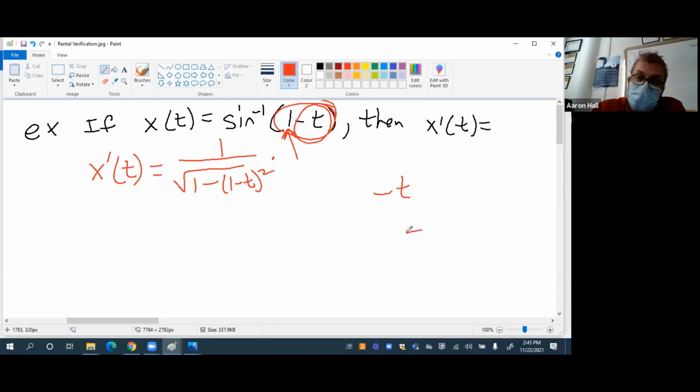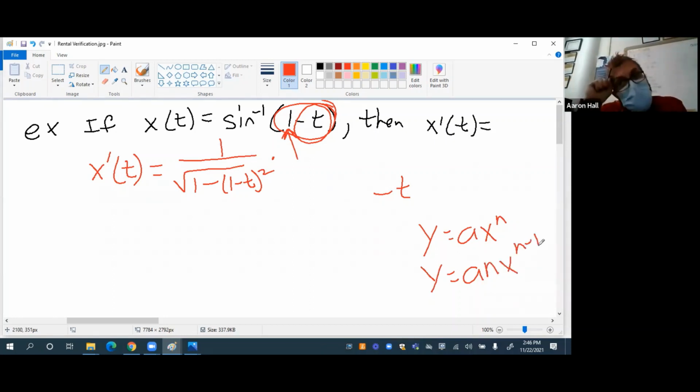Using the power rule, where we have a times x to the power of n, we multiply our coefficient by our exponent, and then we subtract 1 from our exponent. So negative t is -1 t to the power of 1, and using the power rule that gives me -1 times 1 times t to the power of 0.